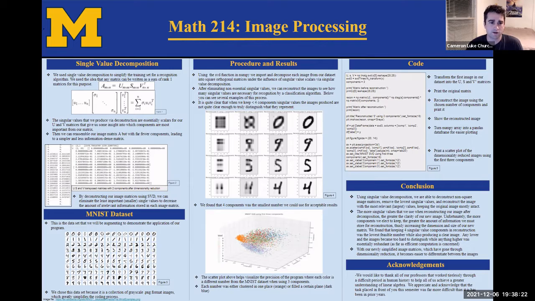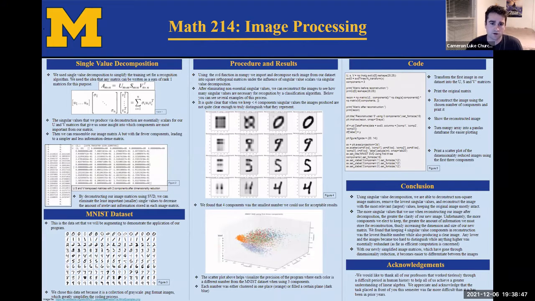The singular value decomposition, which is the linear algebra procedure that we're going to be heavily using here, is a process by which we take a matrix and break it down into the U, S, and V components, the U component being a square orthogonal m by m matrix, the S component being a diagonal matrix with singular values along the diagonal, and the V matrix, which is transposed, being an m by n matrix. And then we can look at those singular values.